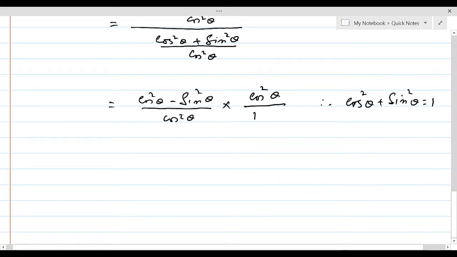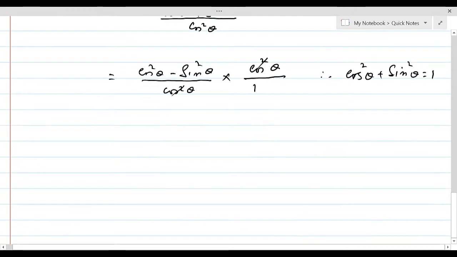So cos square is cancelled with cos square, and we are left with cos square theta minus sin square theta, which by formula is equal to cos of 2 theta.